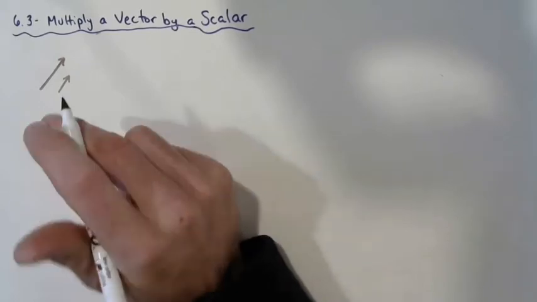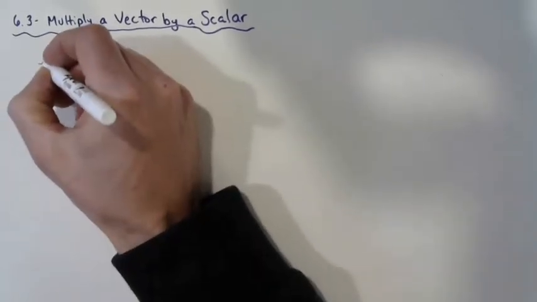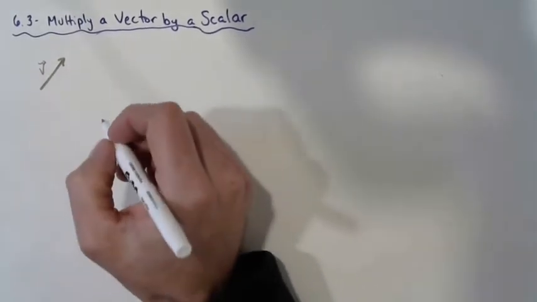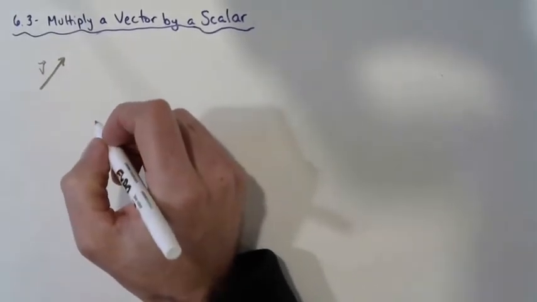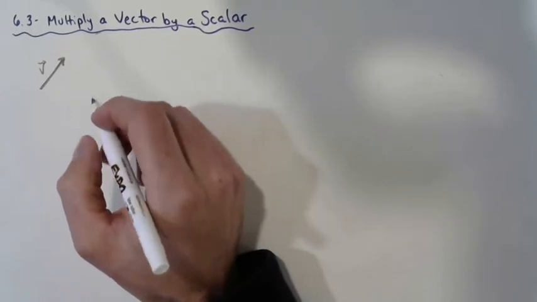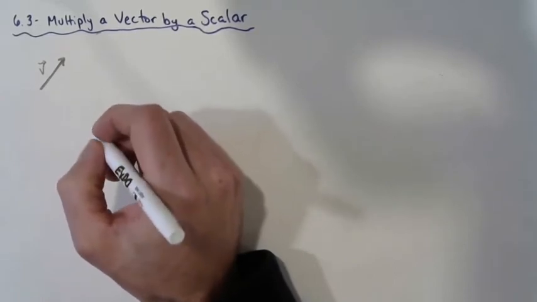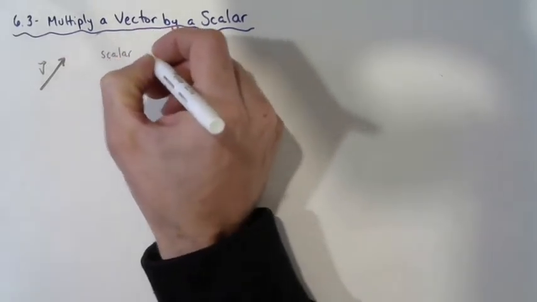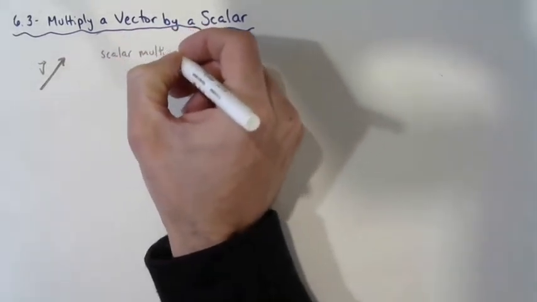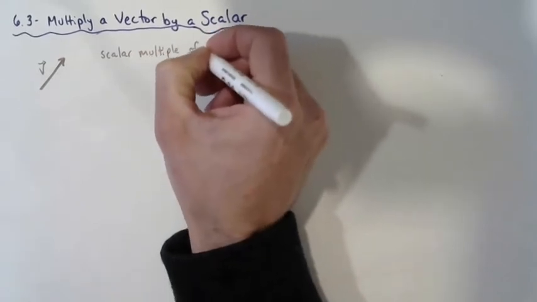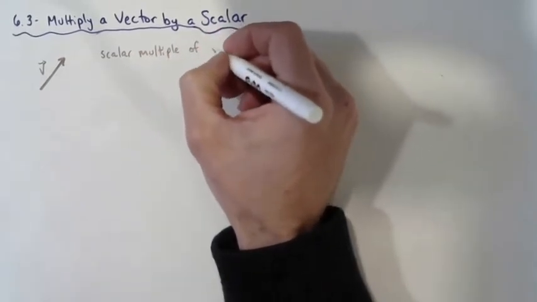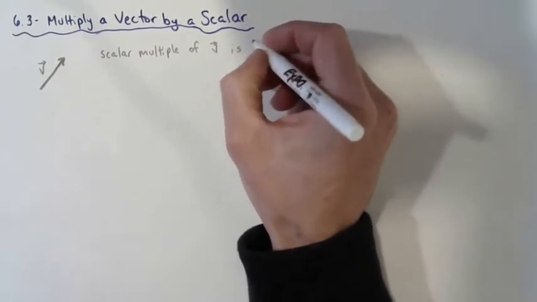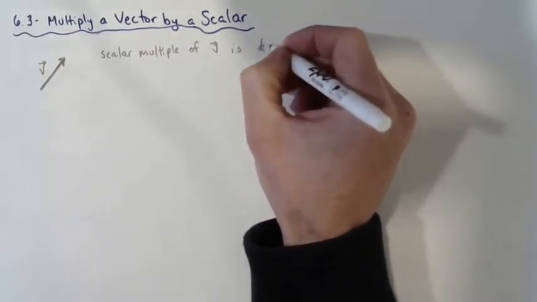So we're going to be given a vector. We're going to call it vector v. And the scalar is just going to be the value that this vector gets multiplied by. And the scalar is often represented by the letter k. Okay, so a scalar multiple of v is kv.